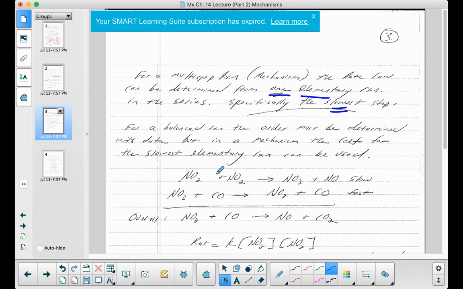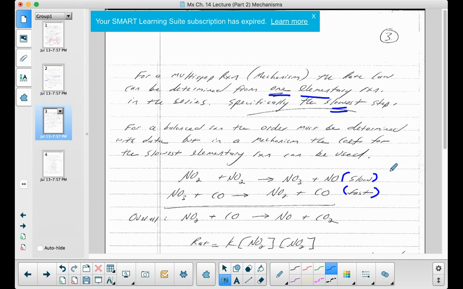So if I know that these are my two equations for my mechanism to get my overall equation, and these have been identified from my data, usually in a question like this, the speeds, slow and fast, are given.